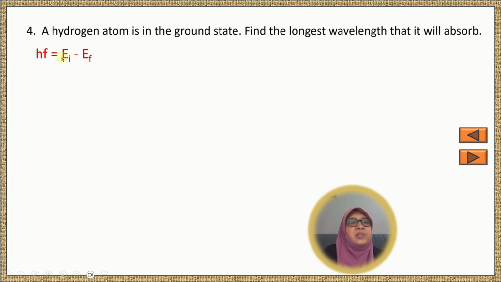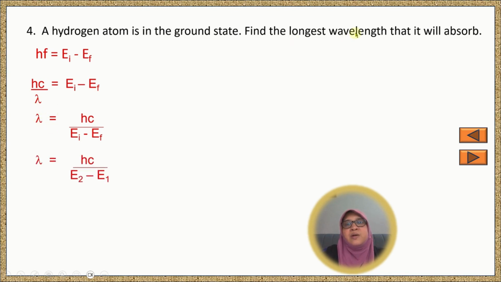When we put the negative, we get E initial minus E final. So hf, where f is c over lambda, gives hc over lambda equals E initial minus E final. We cross multiply to get the wavelength.